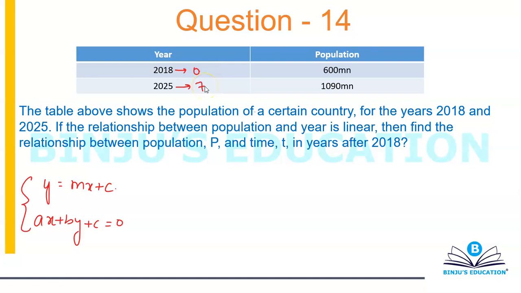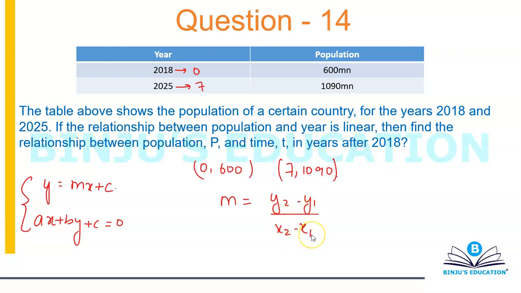So you're going to have 2 points, that is (0, 600) and (7, 1090). I can say that the slope is y2 minus y1 divided by x2 minus x1.